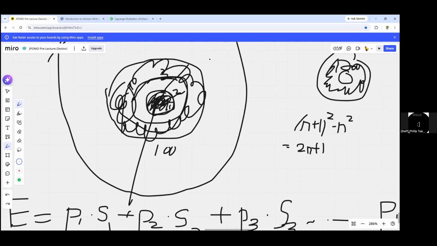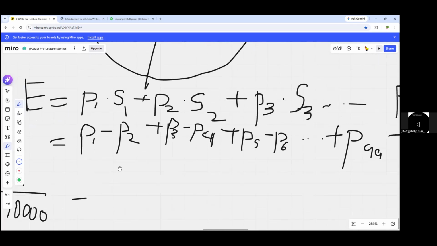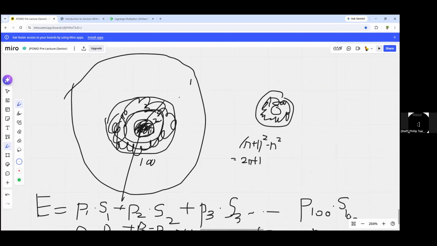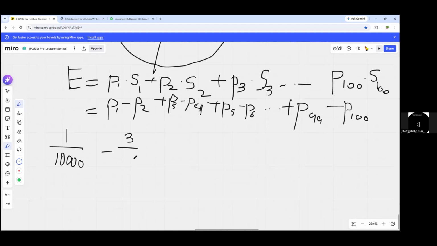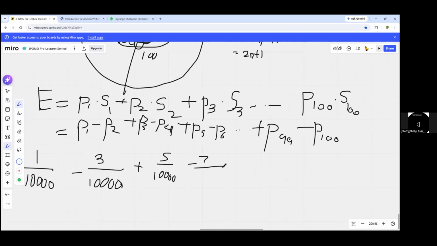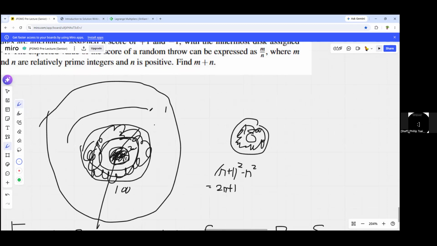So we have the area of this region being 3 pi, or a probability of hitting this ring of 3 over 10,000, and then we add 5 over 10,000, and then we subtract 7 over 10,000. I think you know where I'm going with this. All the way until, well, when does this end? In the 99th circle.